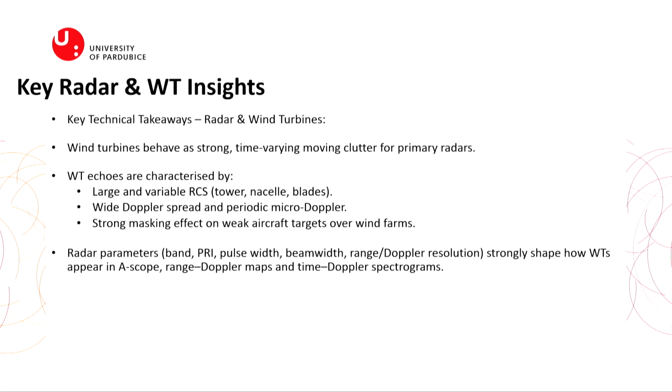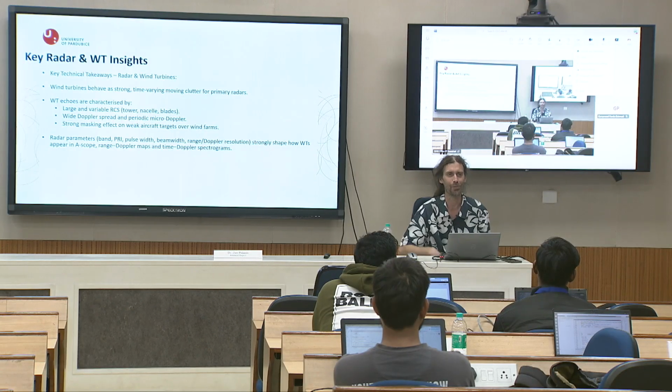Usually when you go to a nearby airport, you don't see the radar exactly, you see only the antenna of the radar, if I can say. But there is much more to it. So I hope that maybe you will start liking this area and will start working in this area.